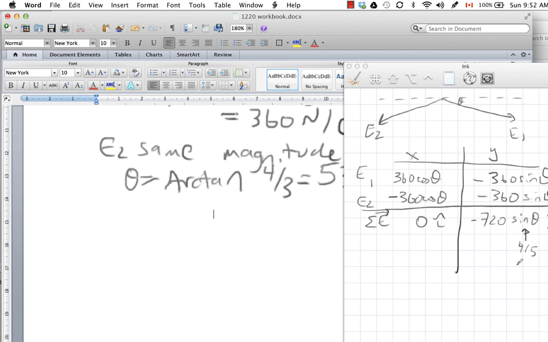And so that's 8 times 72, which is 576 negative j, in units of newtons per coulomb.